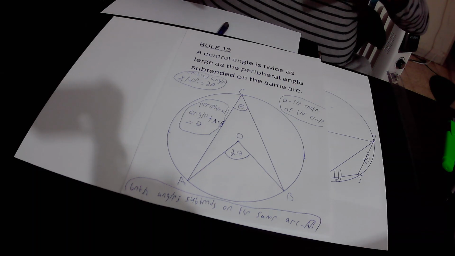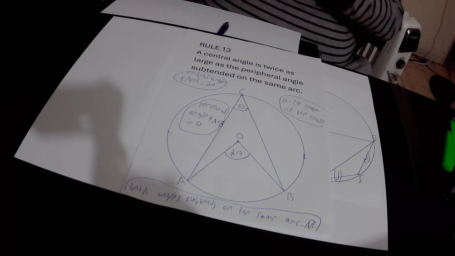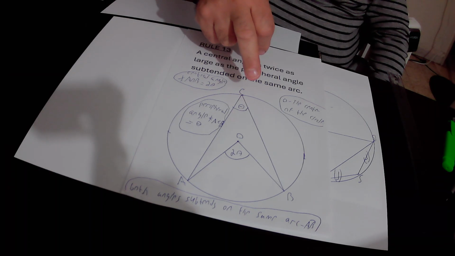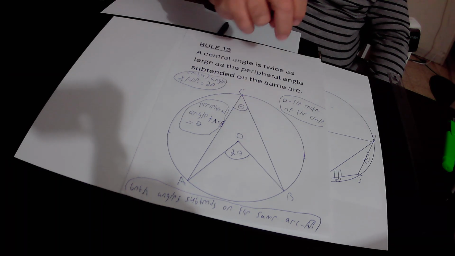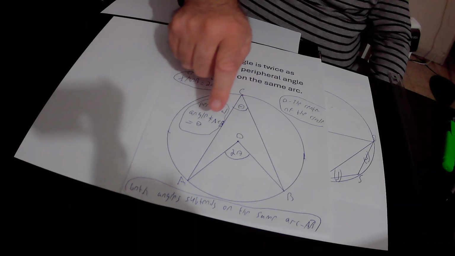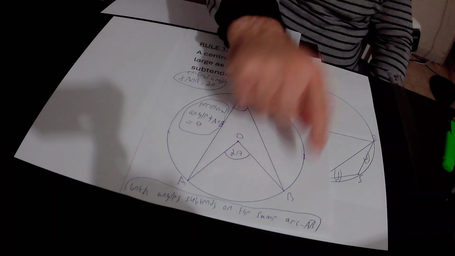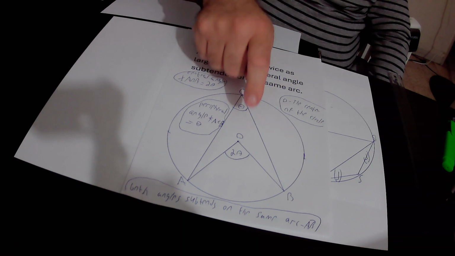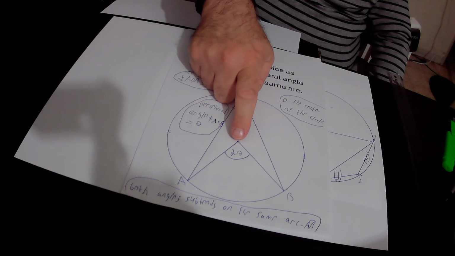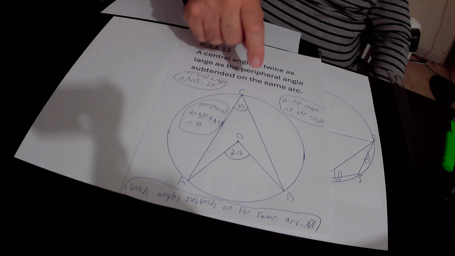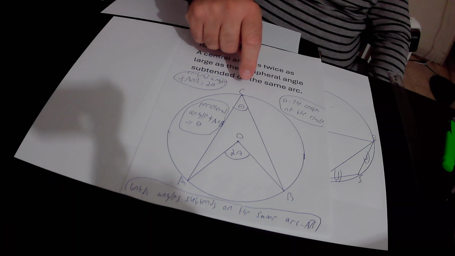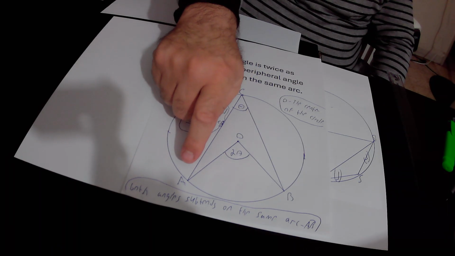And according to this rule number 13, because those two angles are both subtended on the same arc AB, the central angle must be twice as large as this peripheral angle that's subtended on arc AB.